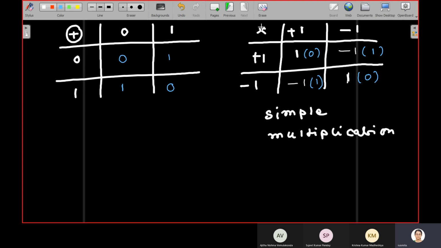Simple multiplication has to be converted to modulo 2 sum if you are using 0-1 notation. This is modulo 2 sum. And we see from this table that they are equivalent. That proves the equivalence between the two.